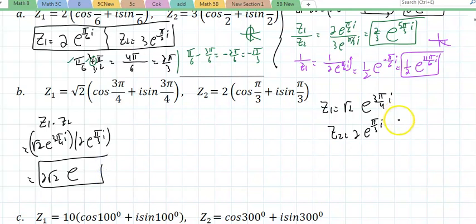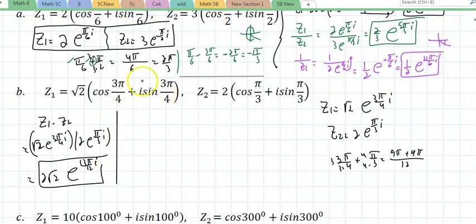What is 3 pi over 4 plus pi over 3? All over 12. That is 9 pi plus 4 pi. What does that become? 13 pi over 12? 9 plus 4, 13. There you go. i. Done. That's simple.